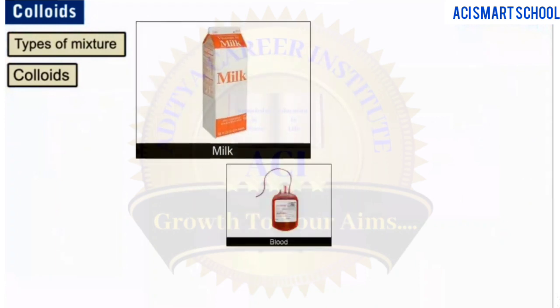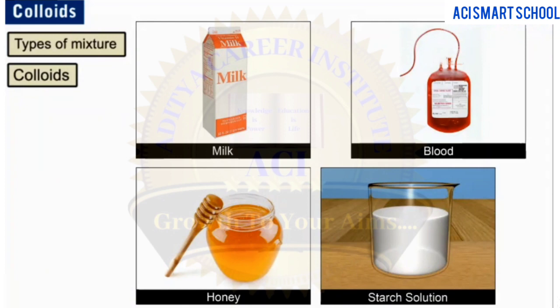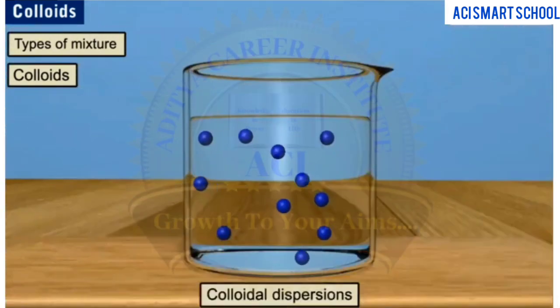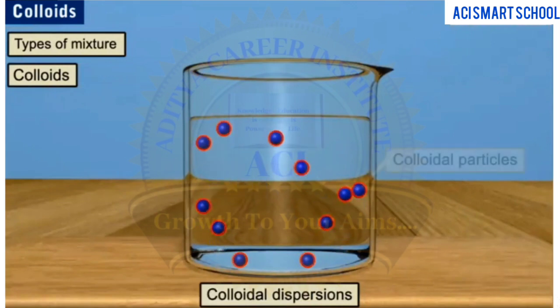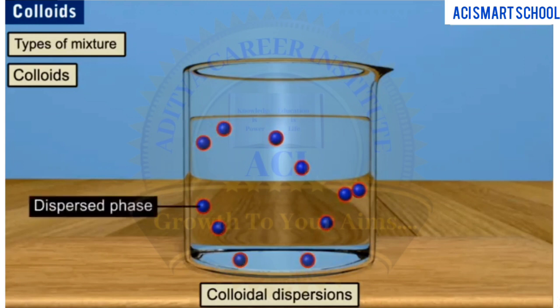Milk, blood, honey, and starch solutions are all colloids. Colloids are also called colloidal dispersions because the colloidal particles are dispersed throughout the mixture. For a colloidal solution, we use the terms dispersed phase and dispersion medium.